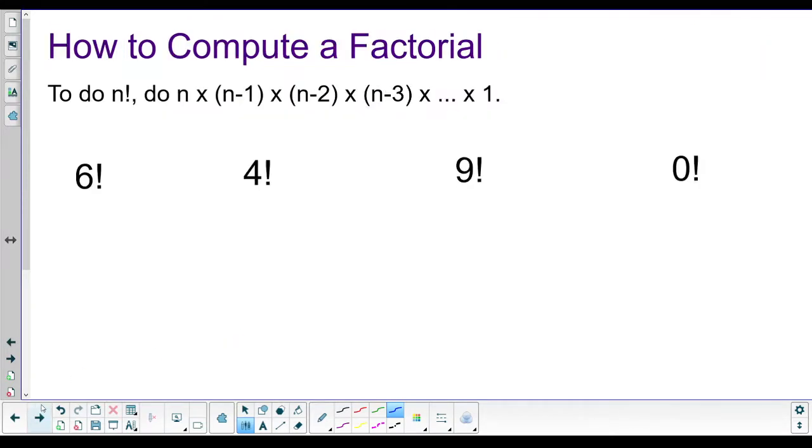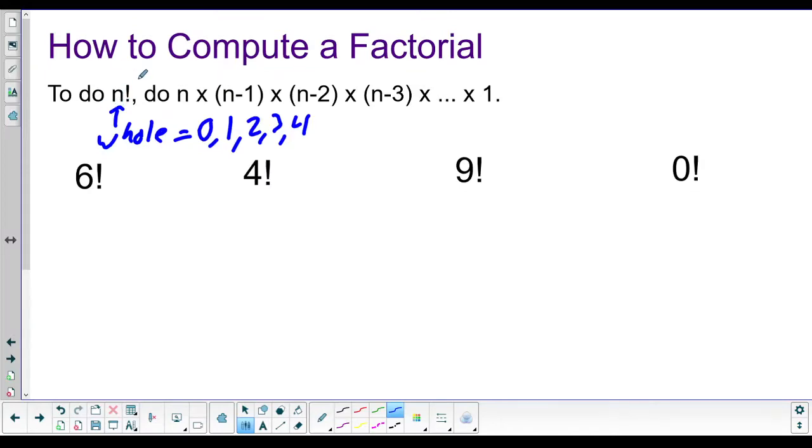Okay. So let's start with a factorial. Let me read you this definition on how to do it, and then we'll do a couple examples right here. They're pretty easy. So to do n factorial, and remember n is just a fancy way of saying a whole number, meaning 0, 1, 2, 3, 4, etc. So n can be basically any positive integer or 0.